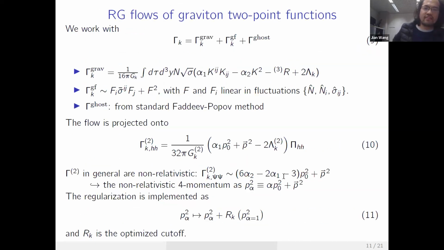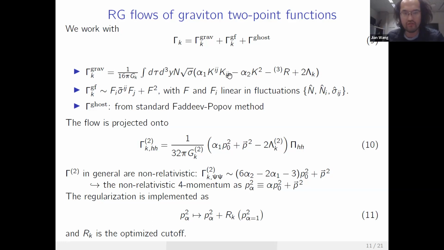Okay, so let's go to our setup. In this work, we will work with the following effective action. For the gravitational part, we approximate the effective action with two-derivative actions.